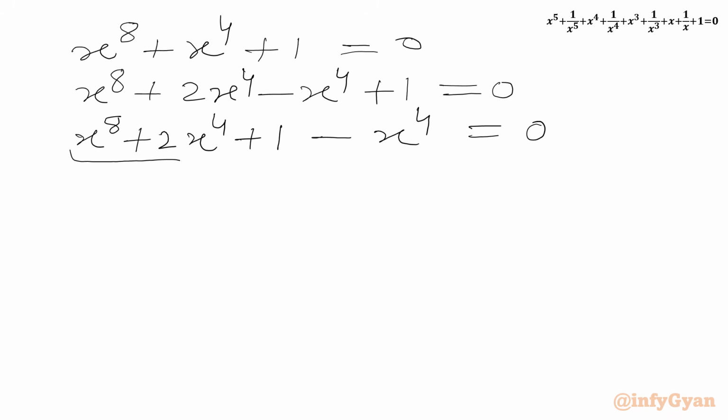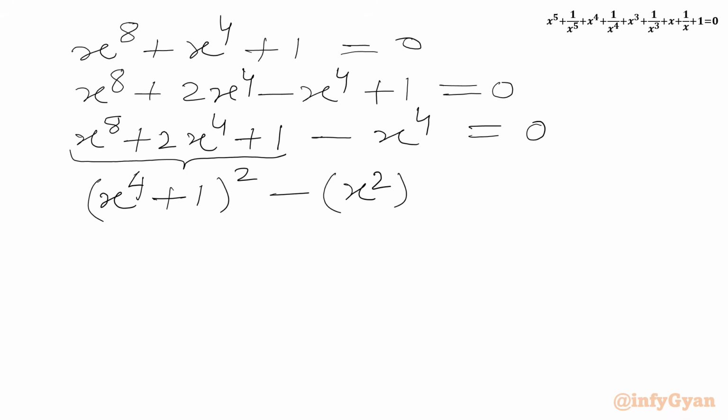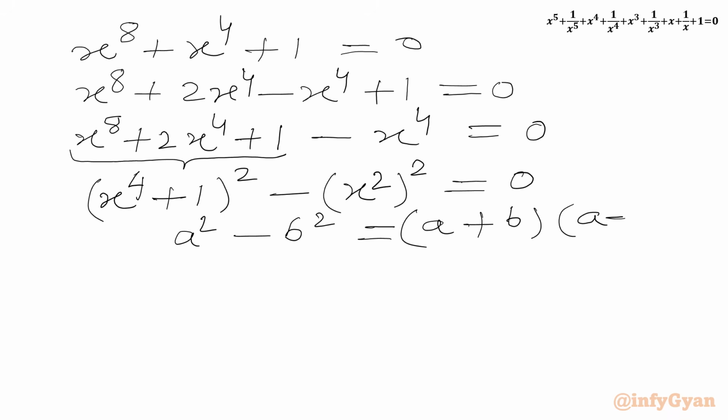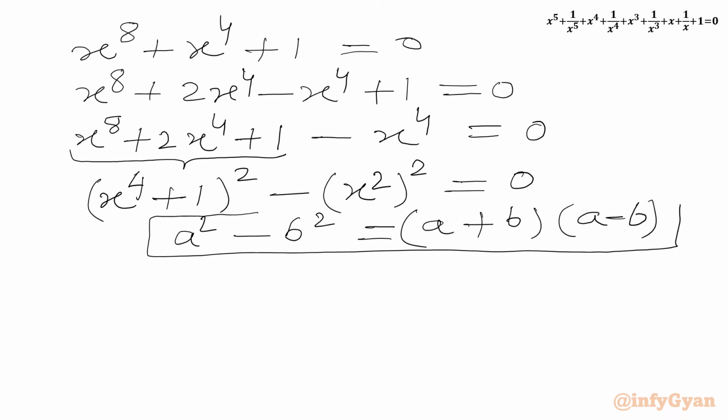Now from these three terms, we can write one perfect square of x power 4 plus 1. Minus x power 4 can be written as x square whole square equal to 0. Now we can use a square minus b square formula, and we can write here a plus b times a minus b. Let's use this algebraic identity.